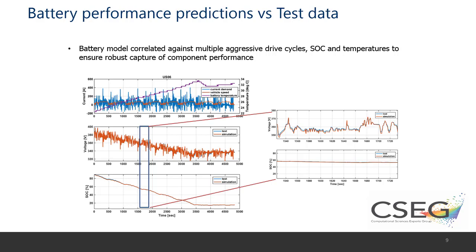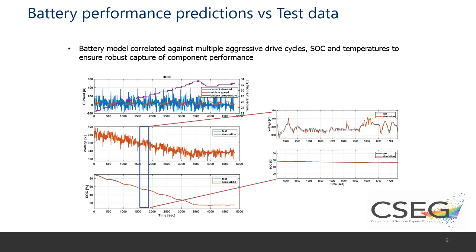The blue line is test data, and the orange line is simulation data. And the middle graph on the left side is the predicted voltage for the battery, and all the way in the bottom is the state of charge. And the top graph shows the blue line, the current demand for the US06 drive cycle.